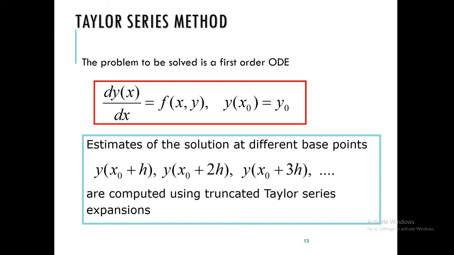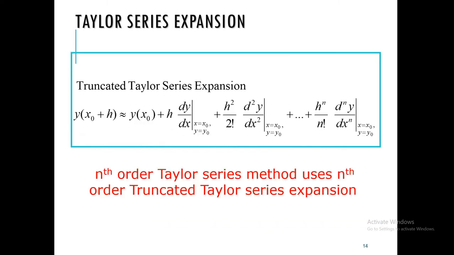Usually the general Taylor series expansion about a given point is always approximated using y at x naught plus the change, whether delta or h, times dy/dx evaluated at a given point, plus h squared over 2 d squared y/dx squared evaluated at a point, plus it keeps going to h raised to the power n over n factorial, the nth derivative of y with respect to x, evaluated at the various points.